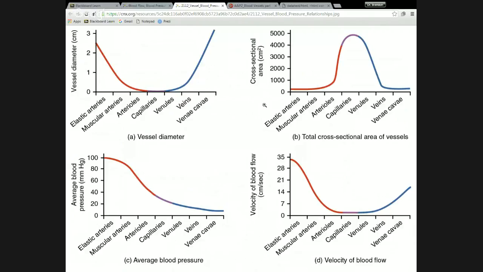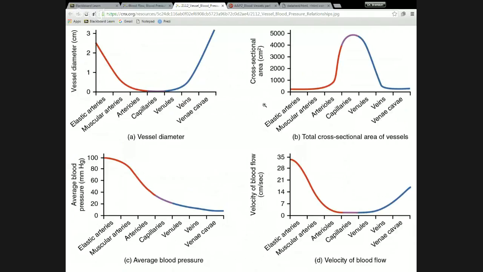So if you look at these two curves, one on top of the other, individual diameter goes way down as we go through circulation, but cross-sectional area of all the vessels in that region goes way up. So that offsets the drop in diameter, which helps to maintain blood flow at kind of normal levels.